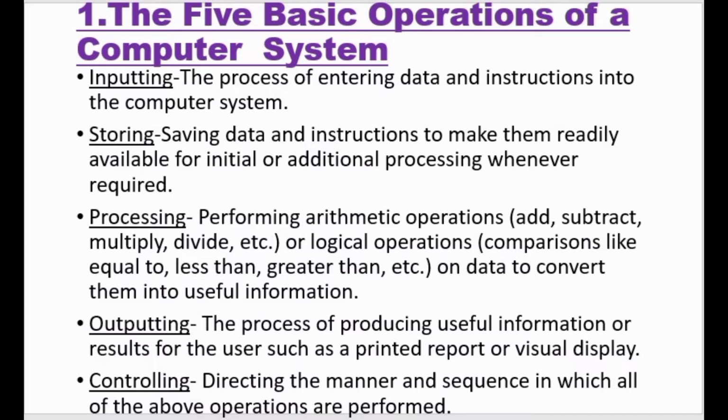This process produces useful information that is required by the users. And the last one is controlling, directing the manner and sequence in which all the above operations are performed. Like in a class there is a monitor to control all the students, that's why controlling means that it controls all the above operations of the computer.